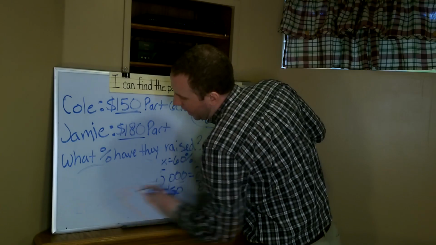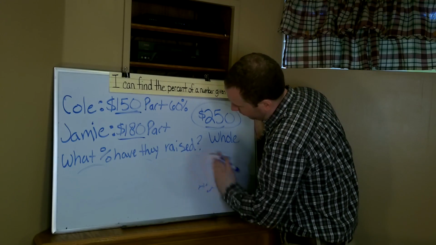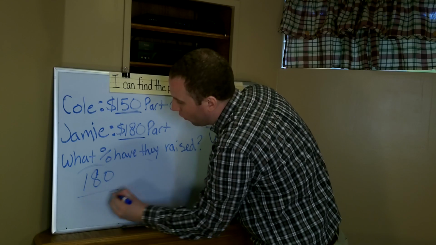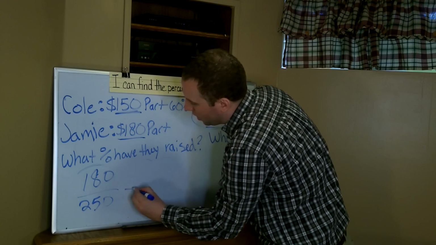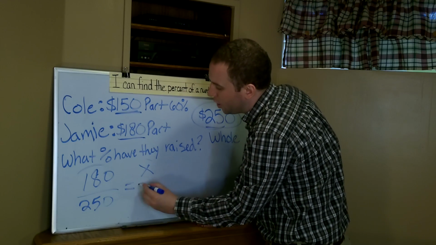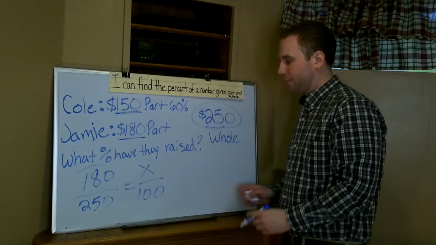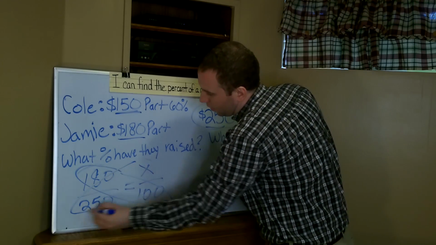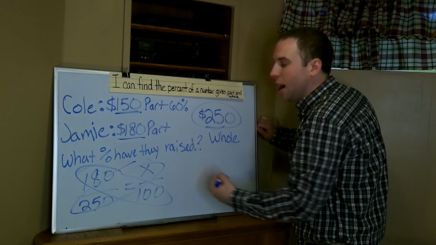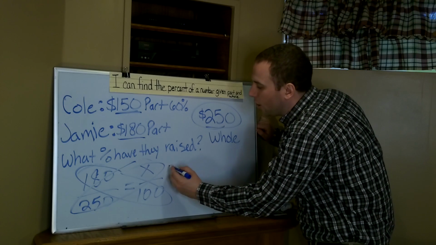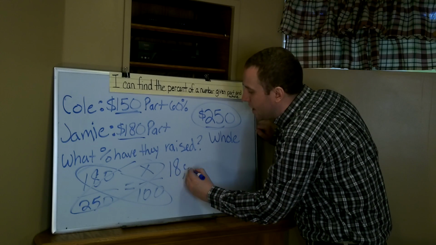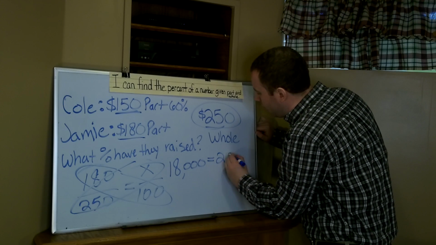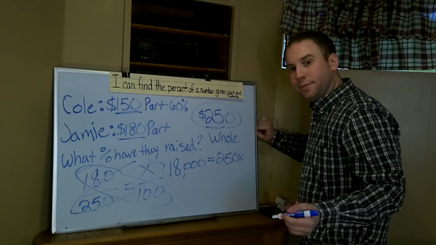If we were to look at Jamie, 180 now over 250 equals our percentage we don't know yet over 100. Once again, we cross multiply. 180 times 100, we get 18,000 equals 250x.